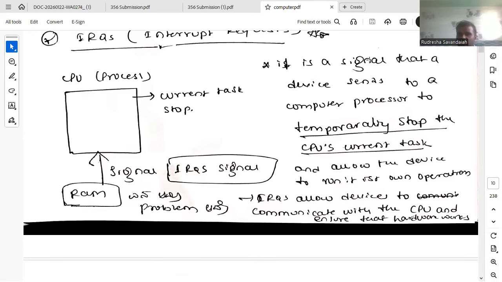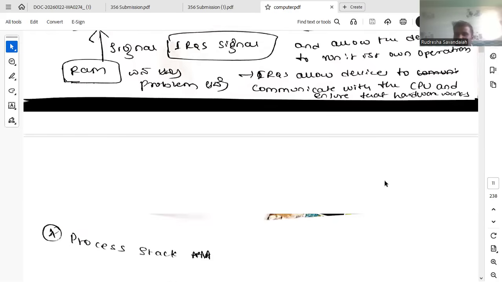It is the signal that a device sends to the computer processor to temporarily stop the CPU's current task and allow the device to run one operation. IRQs allow devices to communicate with the CPU.